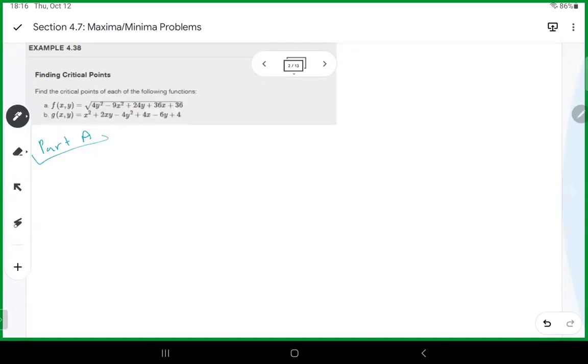All right, so much like with all things we've been doing lately, the first thing you want to do is find your partials. So I will do the step.